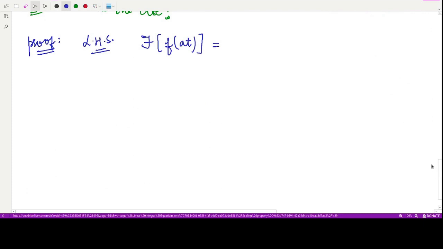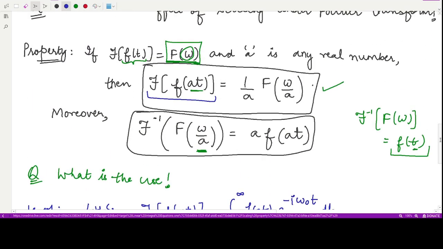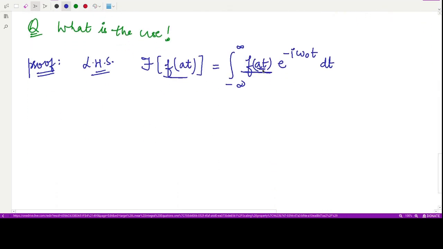According to the definition, it is the integration from minus infinity to infinity of the function times e to the power minus iota omega naught t dt, and the function we have is f of a t. Now we want to convert this into f of t, so we want to remove this factor from here.